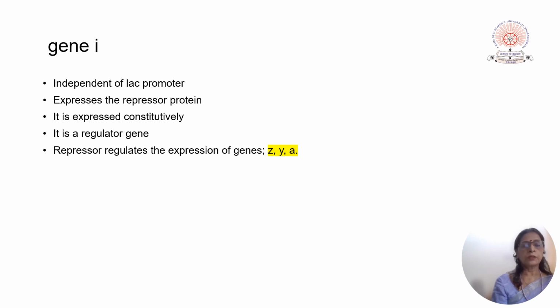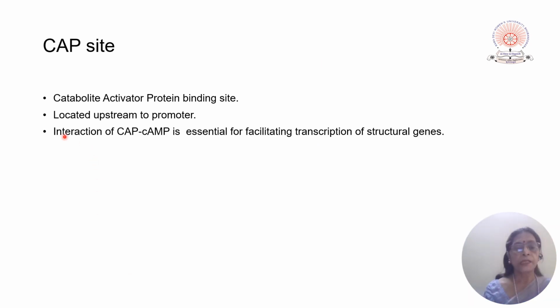The I gene codes for the repressor protein, and it is under the control of a separate, different promoter, independent of the lac promoter. It undergoes constitutive expression and codes for the regulator protein, the repressor protein, that controls the regulation of expression of the genes Z, Y, and A. The CAP site is located upstream to the promoter sequence.